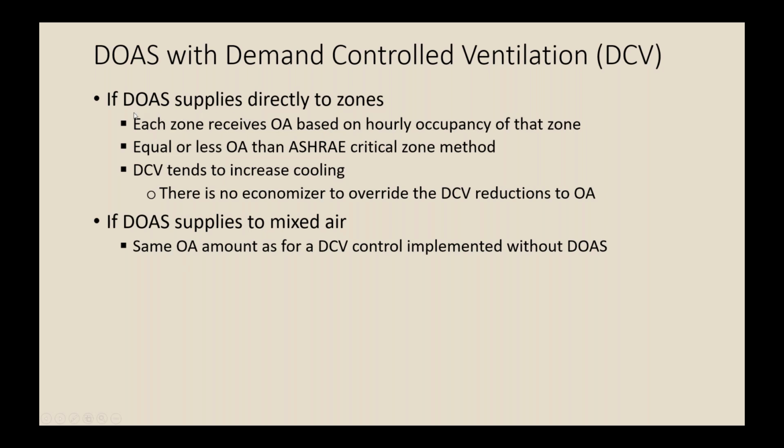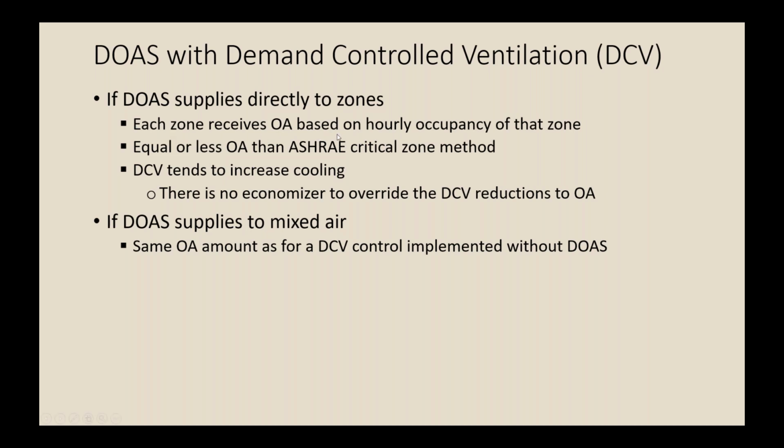Basically, if you have it configured where the DOAS is supplying directly to the zones, and you have demand-controlled ventilation, it behaves as though each zone has its own CO2 sensor, and then it controls the airflow to that zone based on the signal of that CO2 sensor.